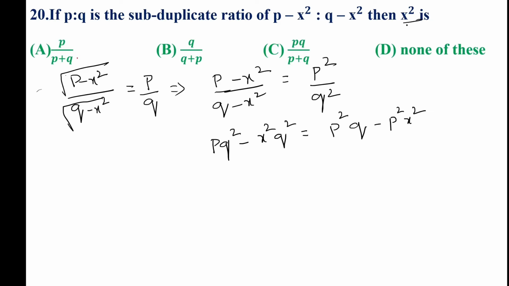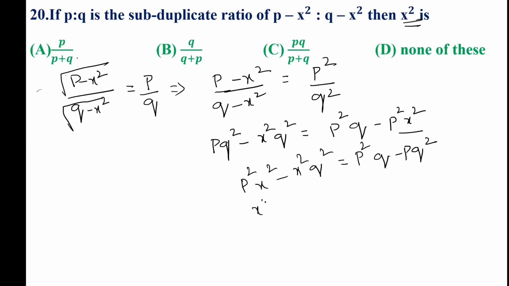As they have asked x square, keep x square on one side. Take P square Q square this side. So P square x square minus x square Q square is equal to P square Q minus PQ square.